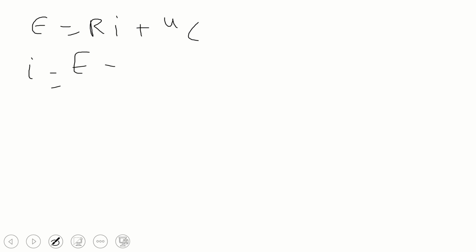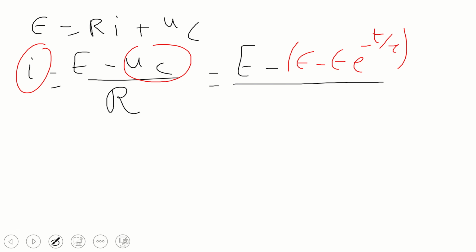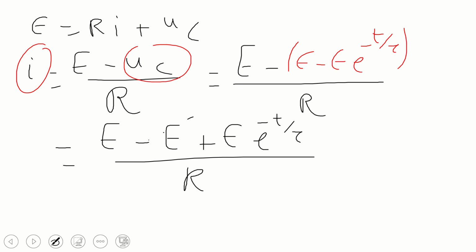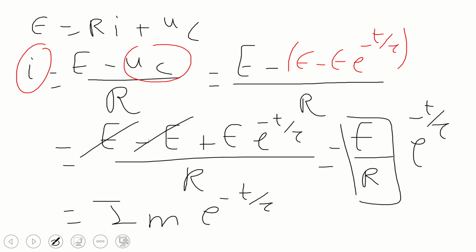So I equals (E minus UC) over R. Now, we use the expression of UC as a function of time, so E minus UC is substituted by E minus E(1 minus e^(-t/tau)), over R. So it equals (E minus E plus E e^(-t/tau)) over R. E minus E is 0, so E over R e^(-t/tau). E over R is I max, so I max e^(-t/tau).